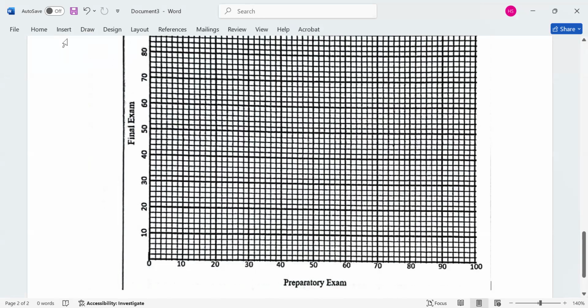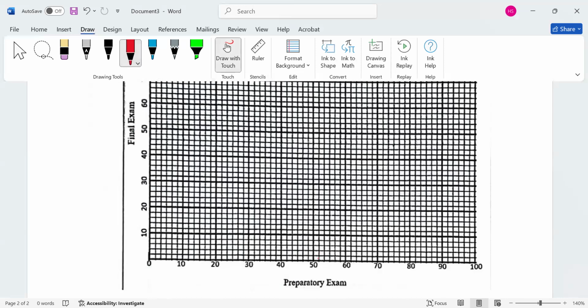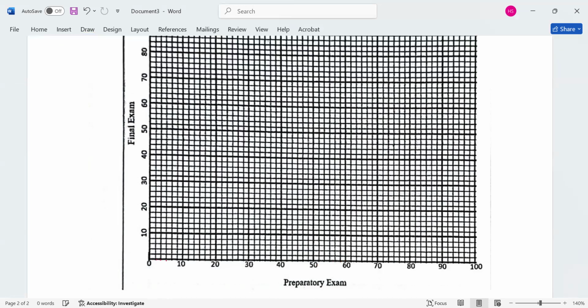Let's check what each and every thing represents here. On this side it says 1, 2, 3, 4, 5, and on the other side it has 6 blocks, 2, 4, 6.